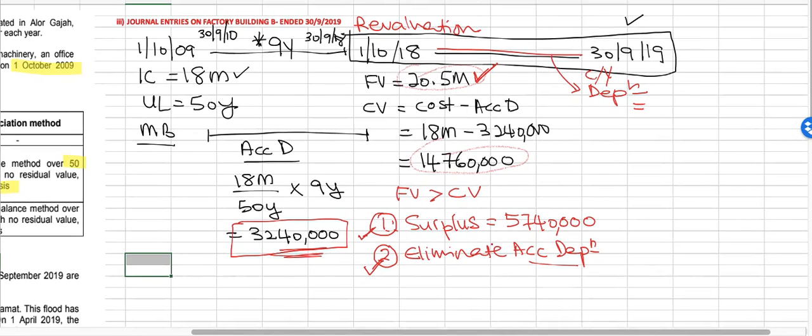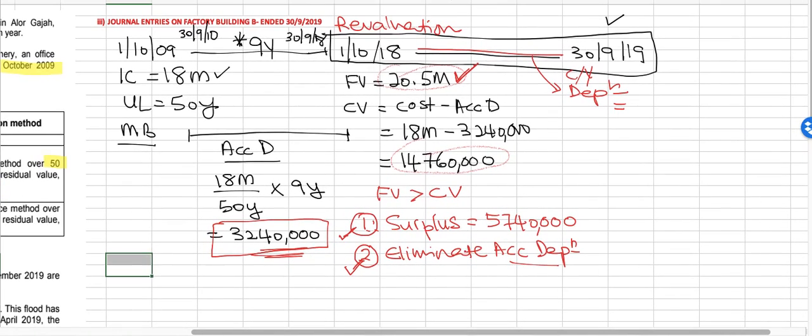Okay, so now we have done this. Now in this year, you have to calculate the new depreciation based on the new value. So for depreciation, of course, you take 20.5 million and divide by the remaining useful life.